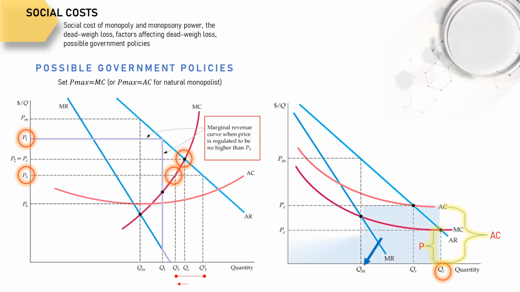This area, AC times QC, or the total cost, is bigger than this area, price times QC, or the total revenue. So it is impossible, because it would be a loss for the monopolist. Then the possible level of price is when the price equals average cost, or the firm is incurring zero economic profit because of this policy.